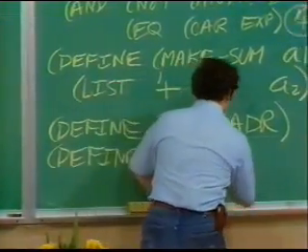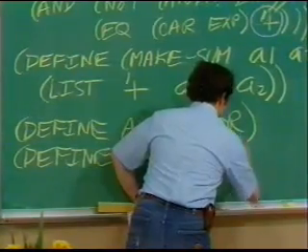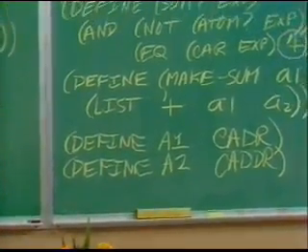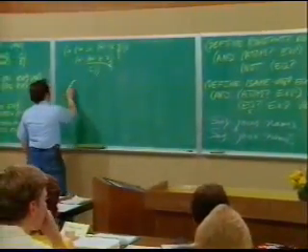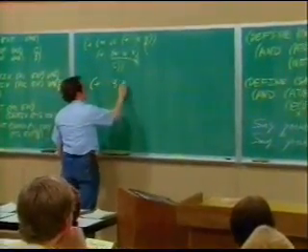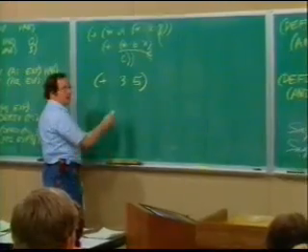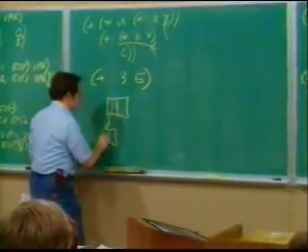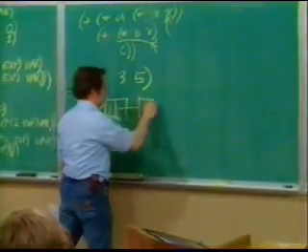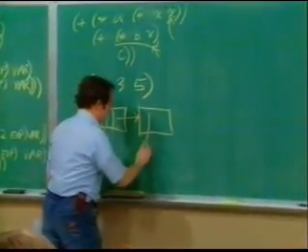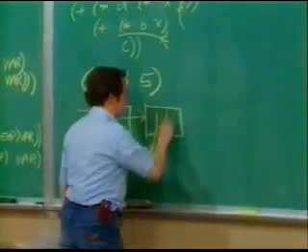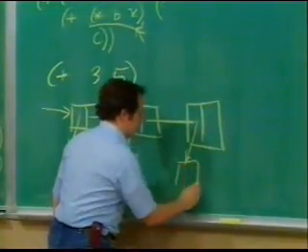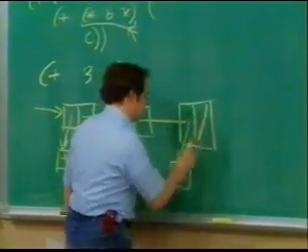Define A2 to be, and of course you can see that if I looked at one of these expressions, like the sum of 3 and 5, that is a list containing the symbol plus, a number 3, and a number 5.